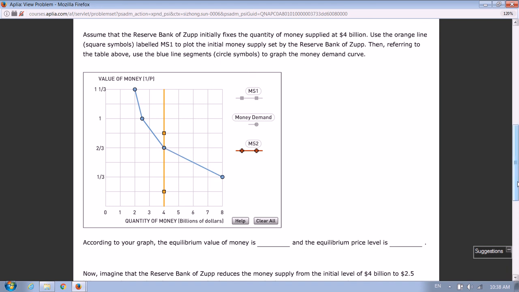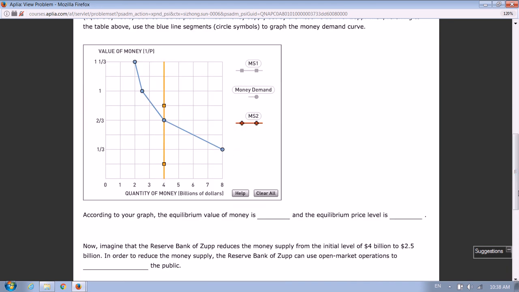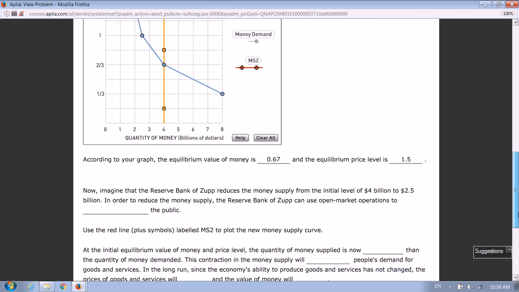According to your graph, the equivalent value of money is 0.67, and the equivalent price level is 1.5. Now imagine the Reserve Bank of Zap reduces the money supply from the initial level of 4 billion to 2.5 billion.